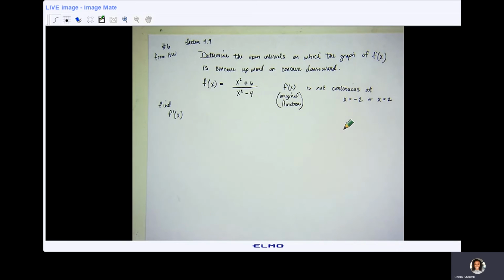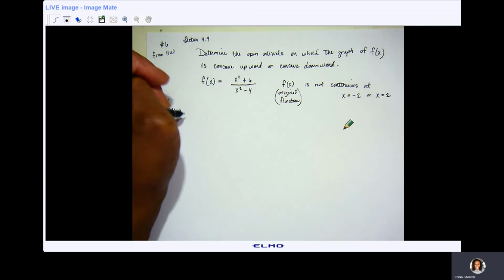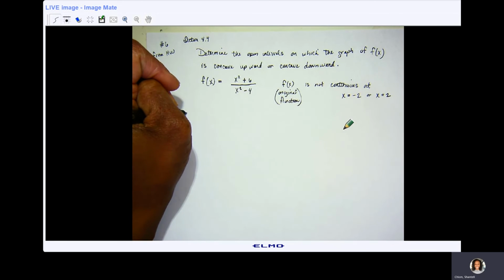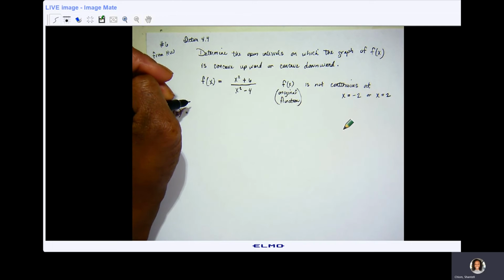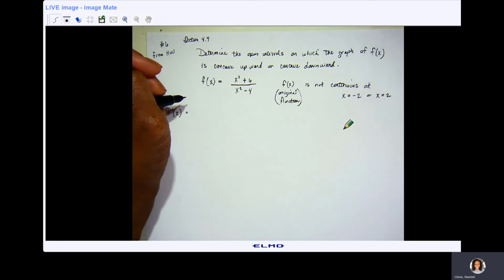Okay, now let's find f prime. It looks like we're going to have to use the quotient rule: the bottom times the derivative of the top minus the top times the derivative of the bottom, all over the bottom squared.